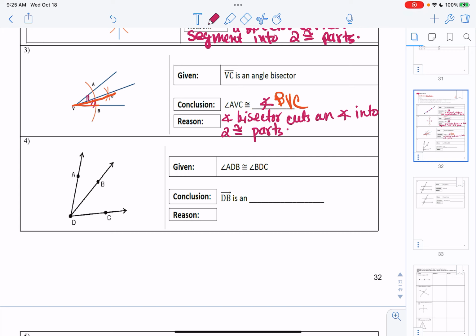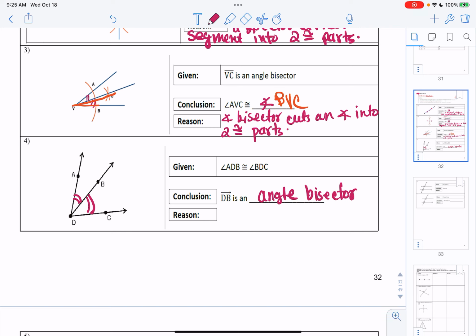In this one, we are given that ADB is congruent to BDC. So I'm going to go ahead and label that. And then the conclusion we can reach is, if we have these two congruent parts, then DB or BD would have to be an angle bisector.